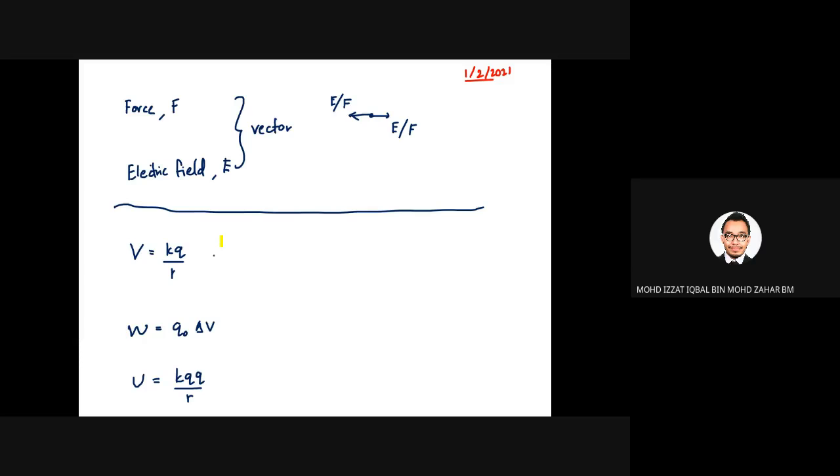All of these are scalar quantities. So when I say scalar, you have to substitute the negative or positive sign inside the equation.